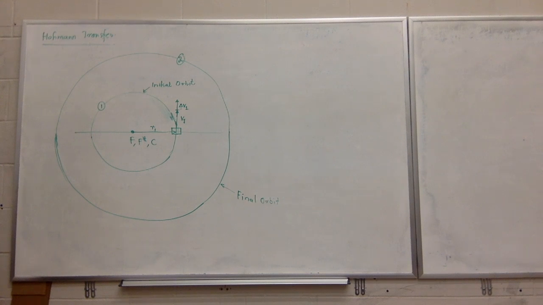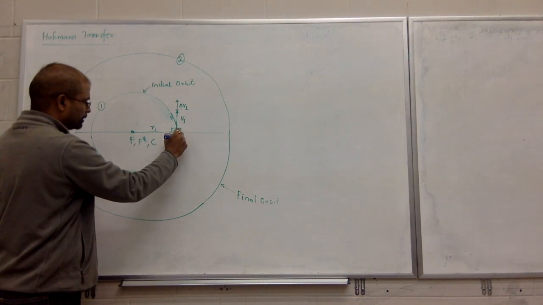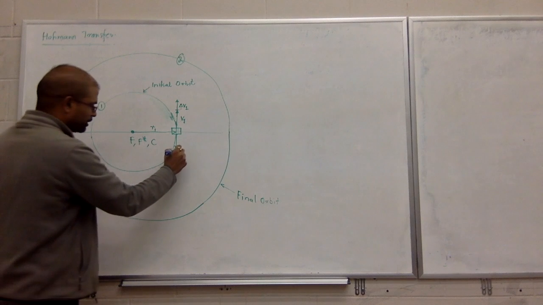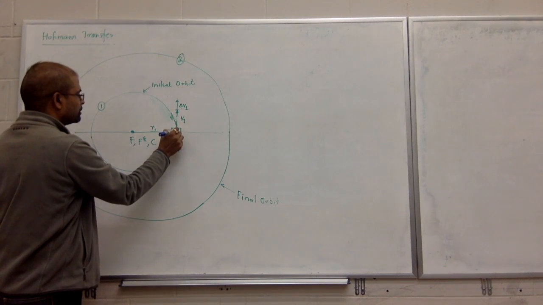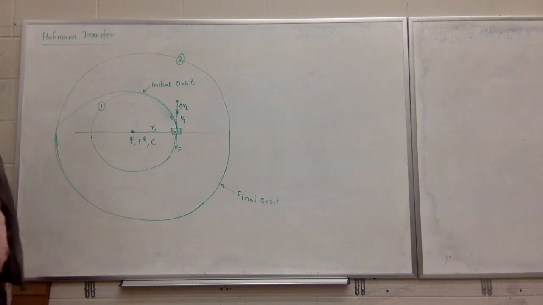Okay? When you increase the velocity at this point, so how do you increase the velocity? You fire your thrusters here, right? In this direction. What's going to happen is, it's going to do this. You understand?